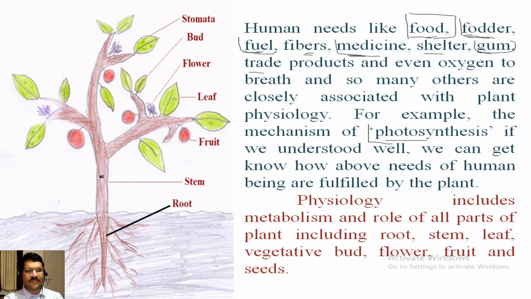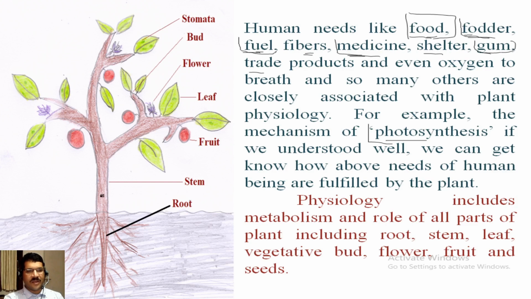Then the next part is the stem, or we may call it the shoot. This is the aerial part and it is present above the ground. How do the different parts present on the stem, including fruit, leaf, flower, bud and stomata, play different roles, and what is the plant physiology associated with all these parts?